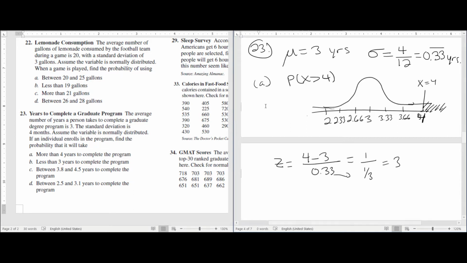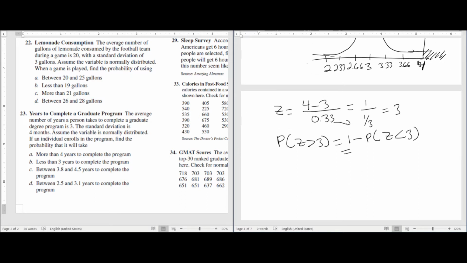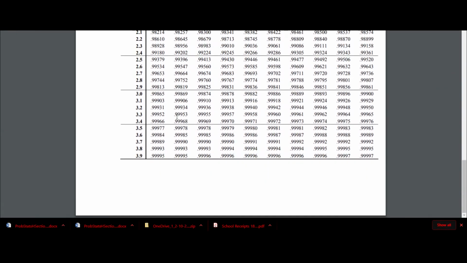We want the probability that z is bigger than 3, which means we want to do 1 minus the less than, because the table gives us the less than. We look that up on the table for 3.00: 0.9987.